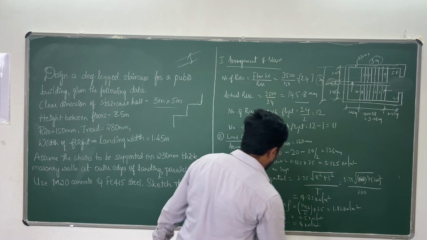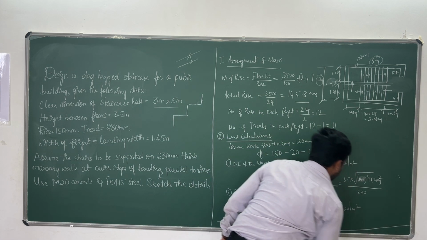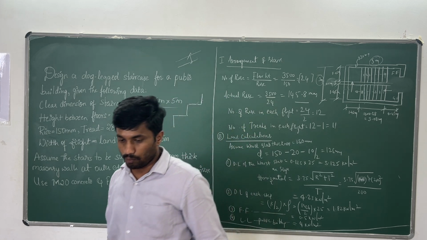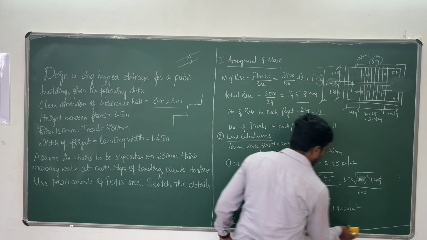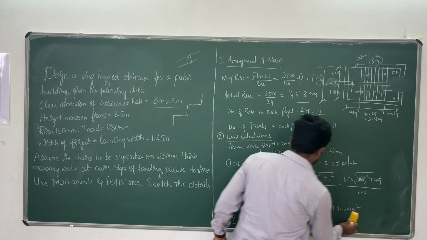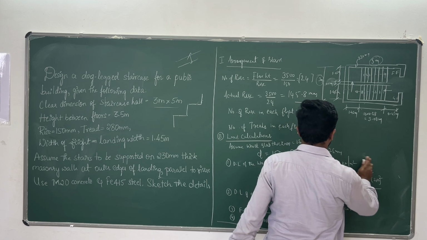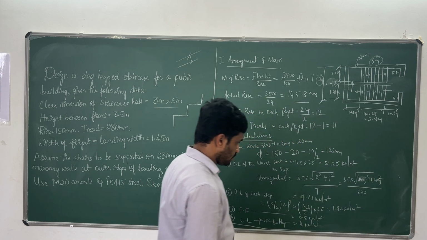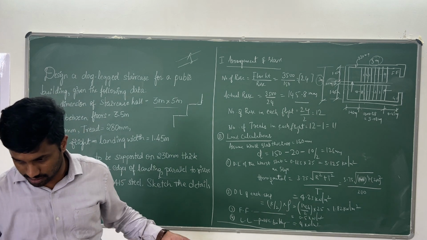Then you compute the total load. What is the total load? Add all four, then you get the total load. 9.445, so approximately 10, we'll take as 10.